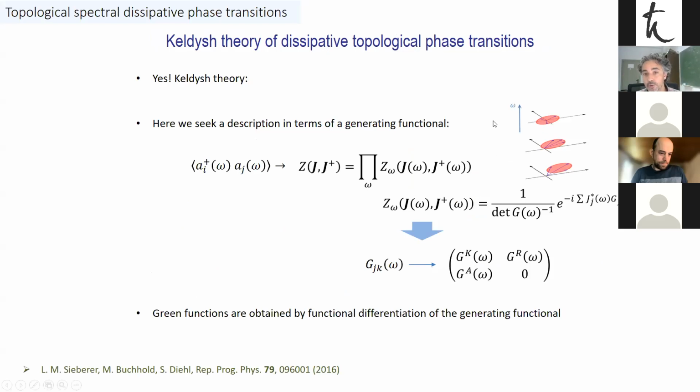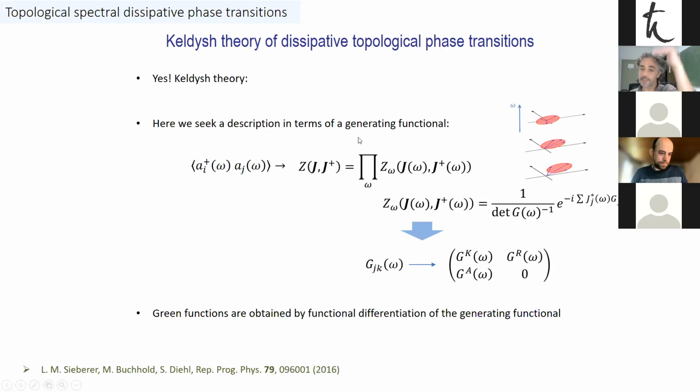And the ideal framework for this is Keldysh theory, where you can calculate correlation functions in terms of a generating functional that plays the role of a density matrix operator, in a sense. It's not exactly that, but it has many of its properties. So by using this formalism, we can calculate Green functions by taking derivatives of this generating functional.